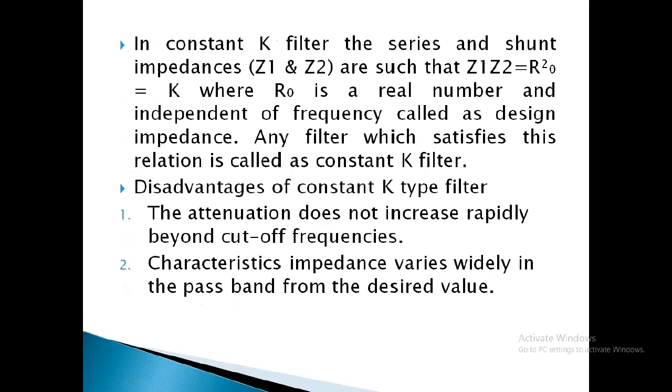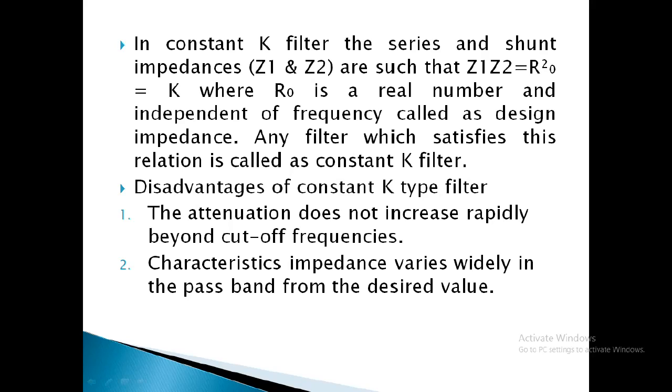What is a constant K type filter? Students, in your syllabus only constant K type filter is there, M derived filter is not there. So we discuss constant K type filter.